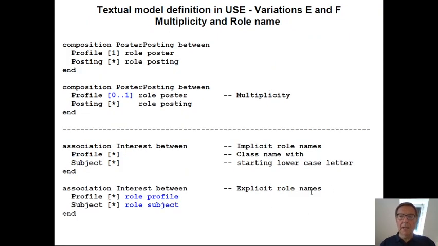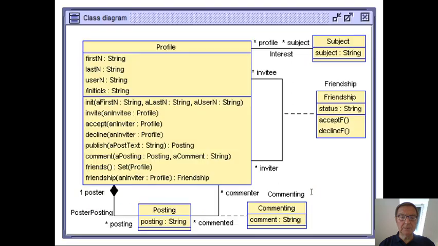Okay, next two variations, small variations. In the original class diagram we have a composition relationship between profile and posting, and we have used the multiplicity 1 here.